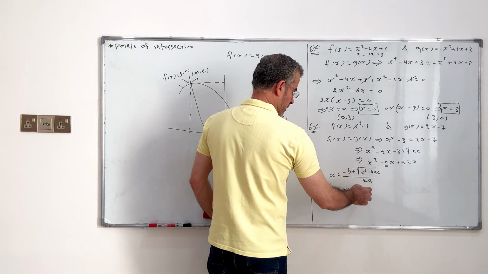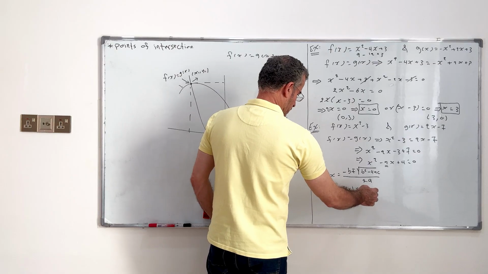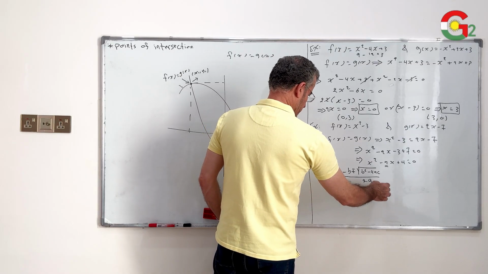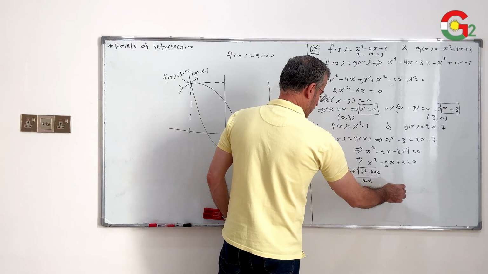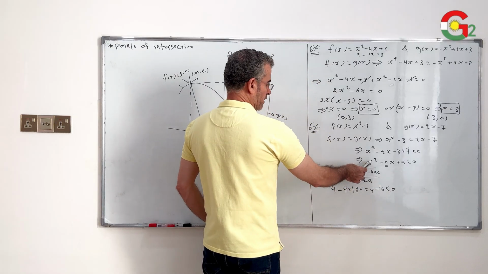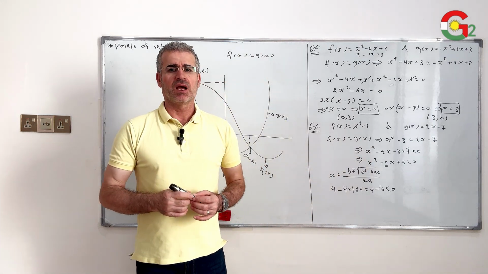C is the absolute term 4. This gives me the answer 4 minus 16, which is less than 0. There is no root for this equation and there is no point of intersection for these two functions.